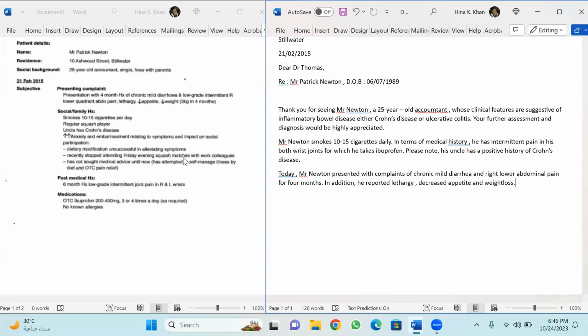So we will just mention this. You can write weight loss, dietary modifications failed to improve his symptoms and condition, and his condition hampers his social participation.